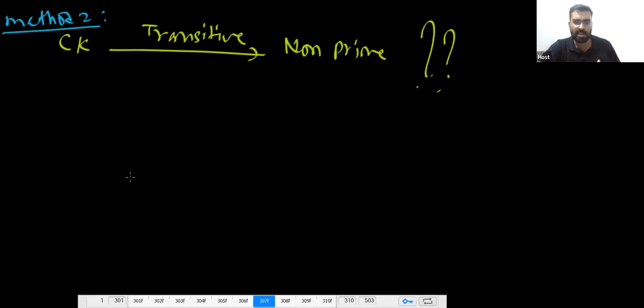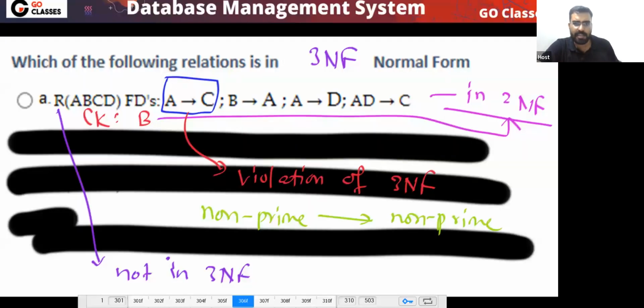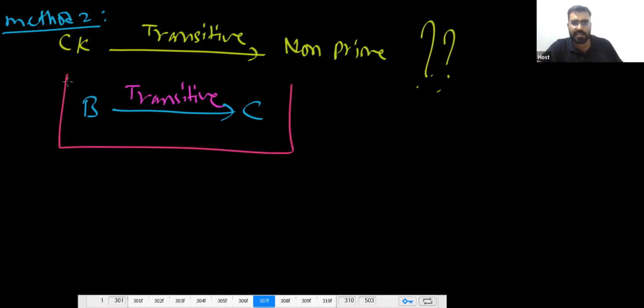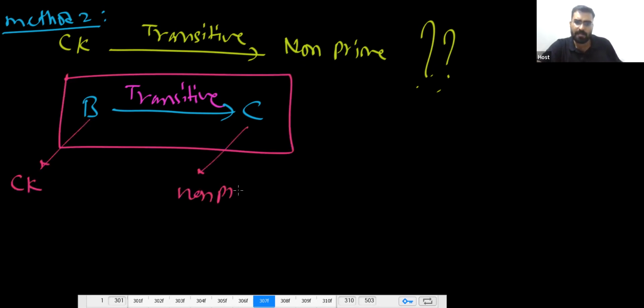Can you give me this type of transitive dependency? Yes. So basically B determining C. This is transitive, right? B determining C, that is transitive. Agree or not? This is a candidate key, and this is non-prime. So this is not 3NF.